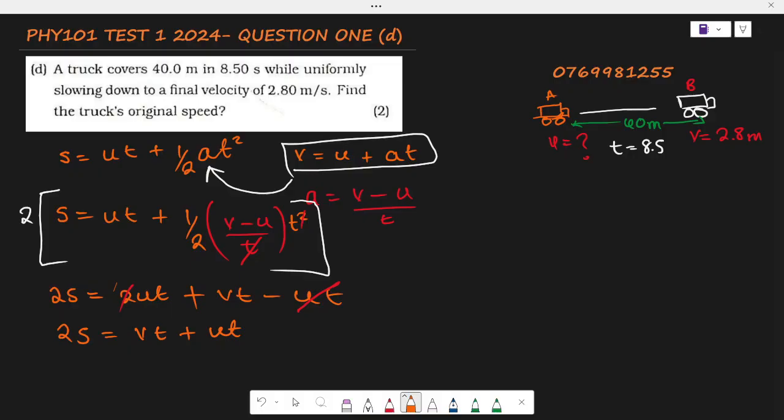and we're finding the original speed, which is the initial. So we can manipulate this formula again so that we can only remain with u.